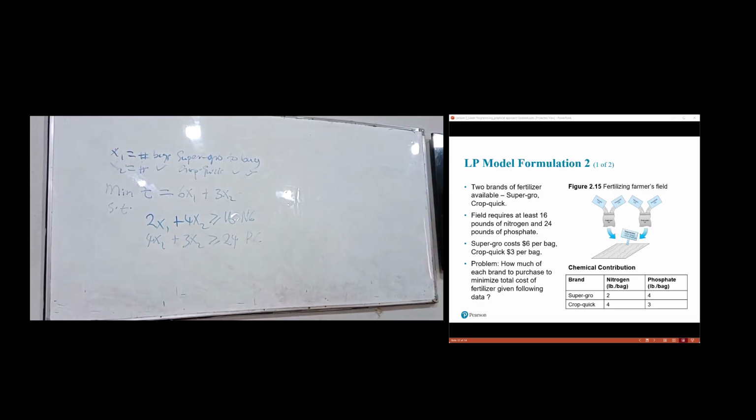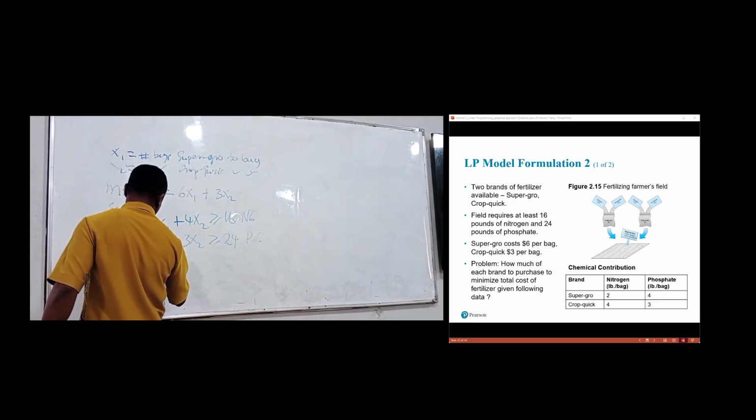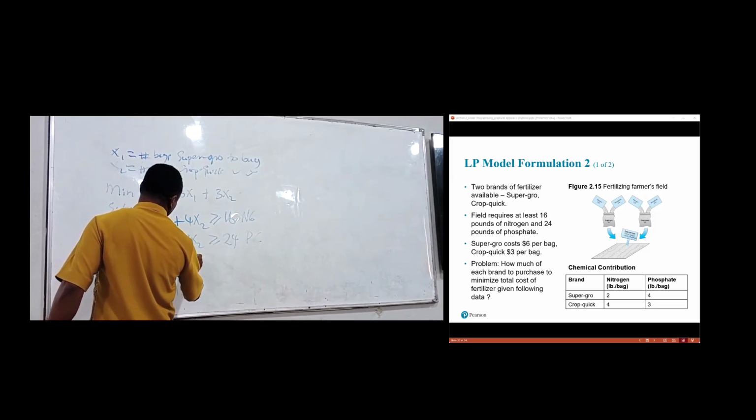We are left with our last constraint, which is what? The non-negativity constraint. Don't forget about it. So that one is what? X1, X2 greater than or equal to 0.